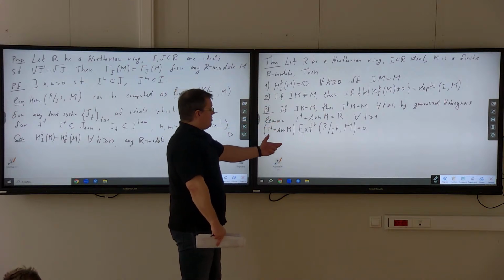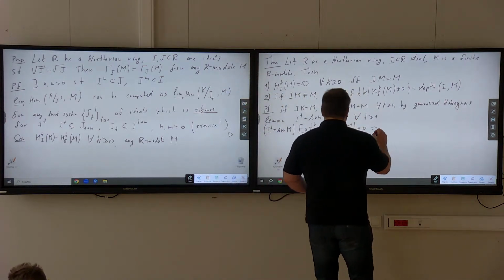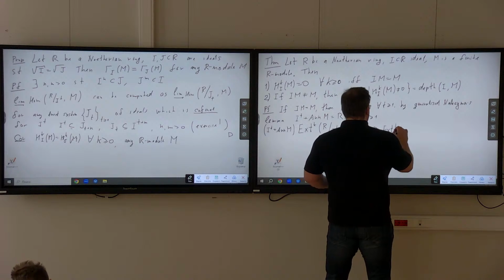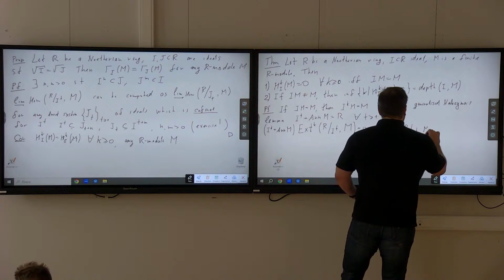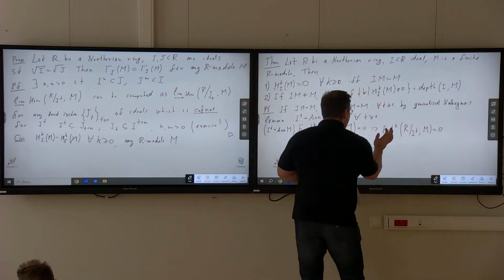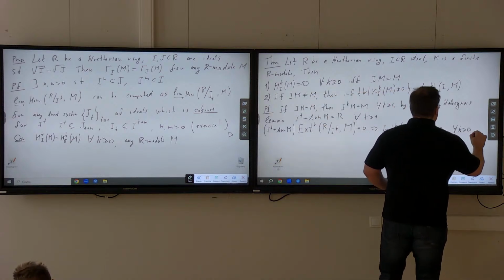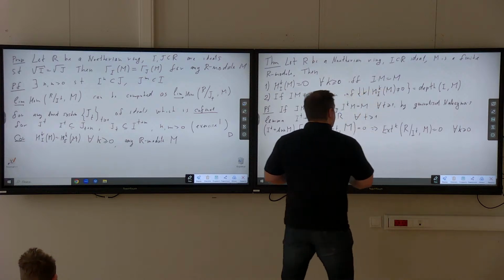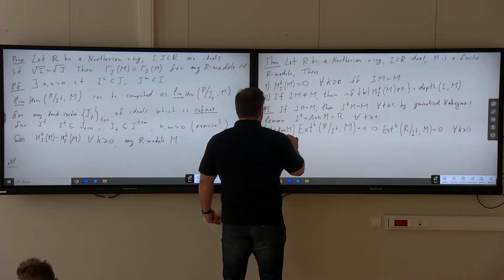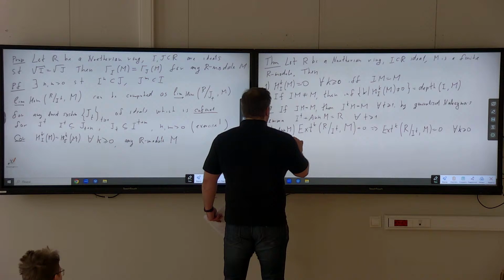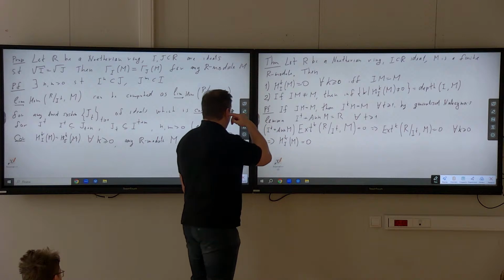So this is only possible when this Ext module is actually the 0 module. This is true for any k, so any Ext_k is 0. Well, if the Ext modules are 0, clearly the limits are also 0, so we get the conclusion that the local homology are also 0 modules.